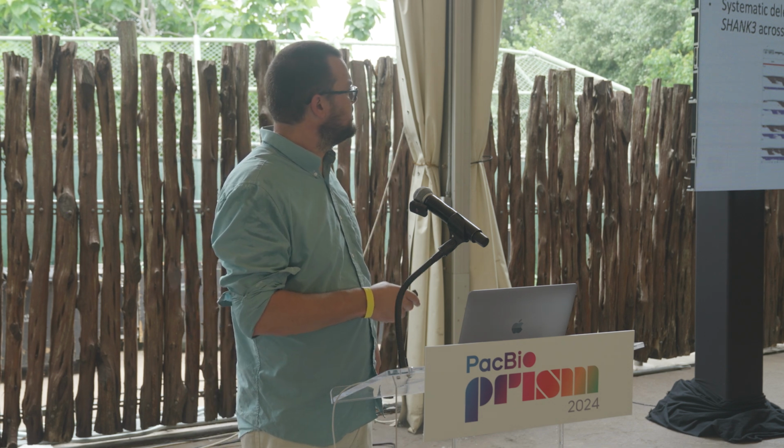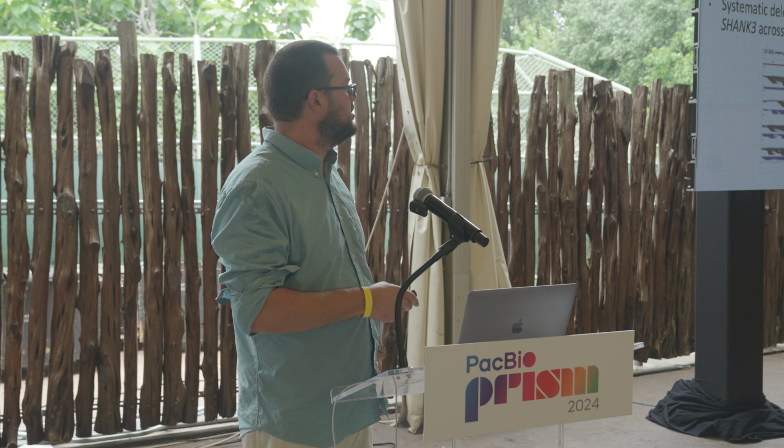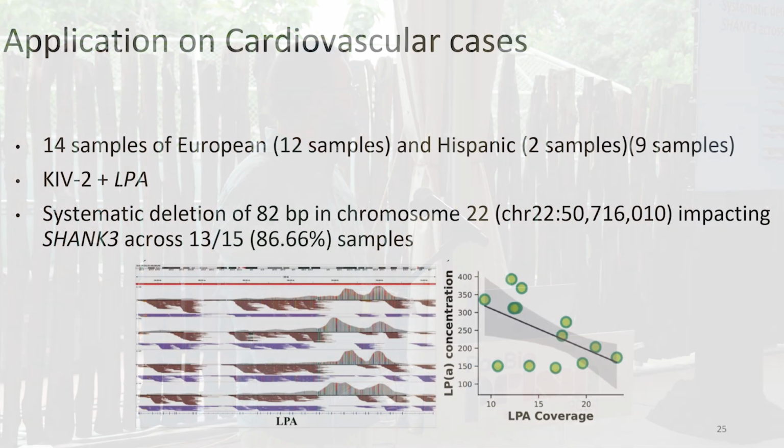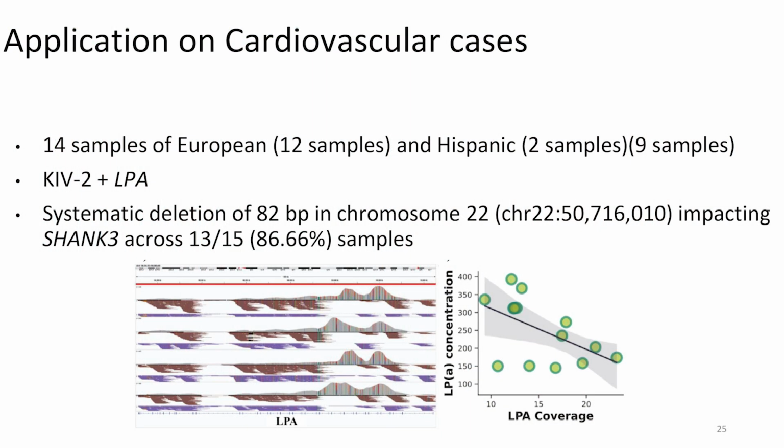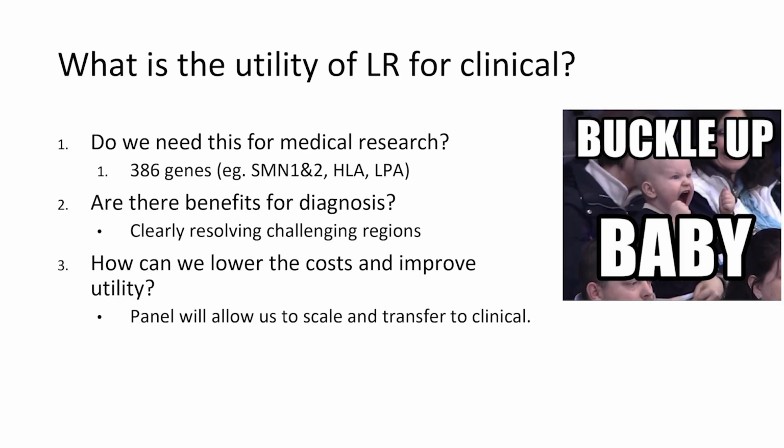We tried a simple correlation of coverage versus LDL, and yes, it's kind of significant. However, there are some outliers in here as well, so we are still investigating this.